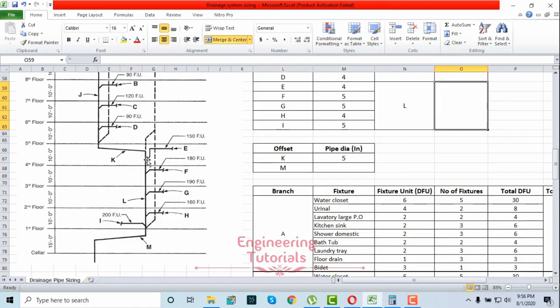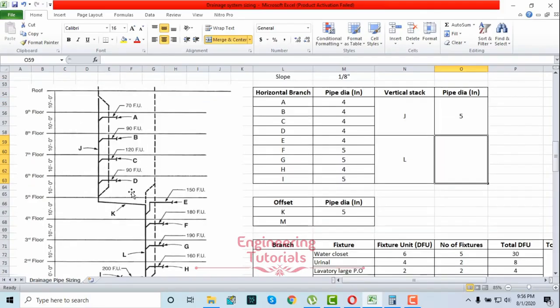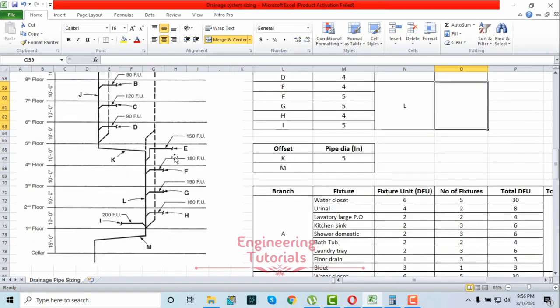And then we have this vertical stack again represented by L. So here if you are calculating the pipe size for this vertical stack L, it will be the sum of all the fixture units above the offset and all the fixture units below the offset.